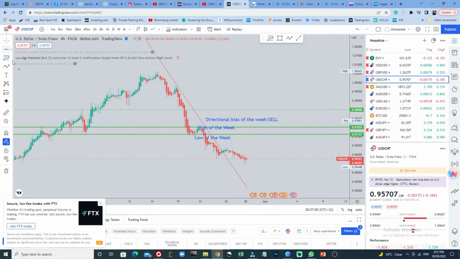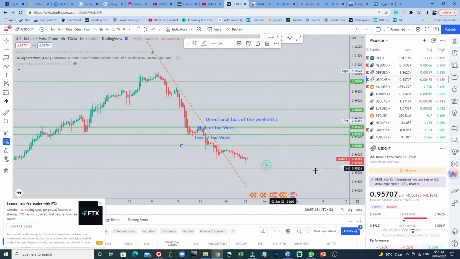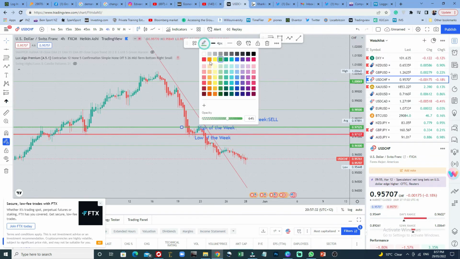We can have another one again, let's just put it anywhere. Then we can have, let's say, 96500. That's 500 here. These two lines I deliberately made thick, and you can change the color to, let's say, red.